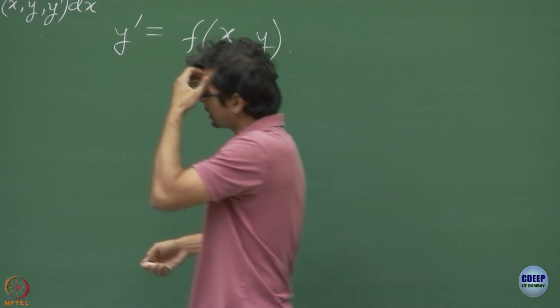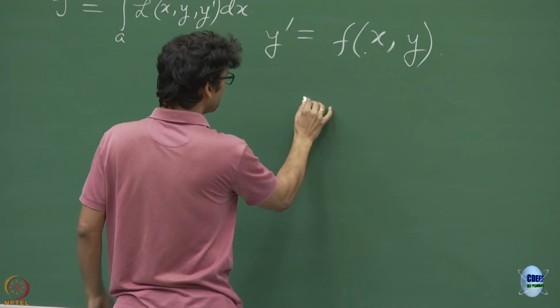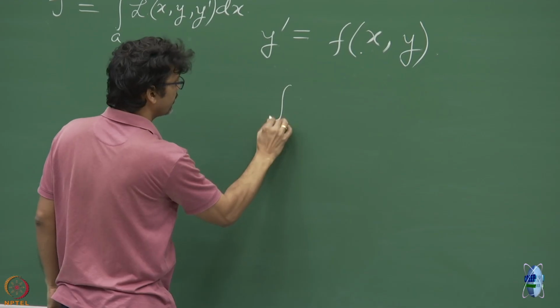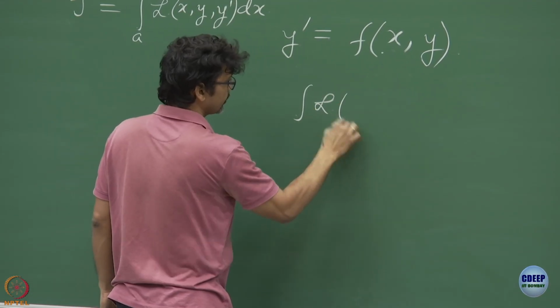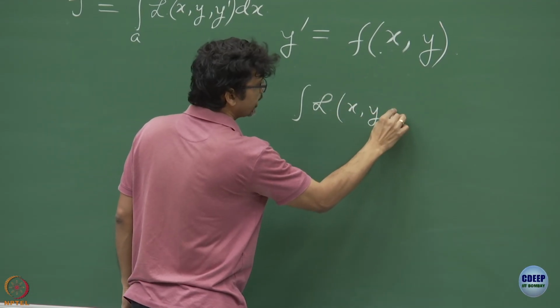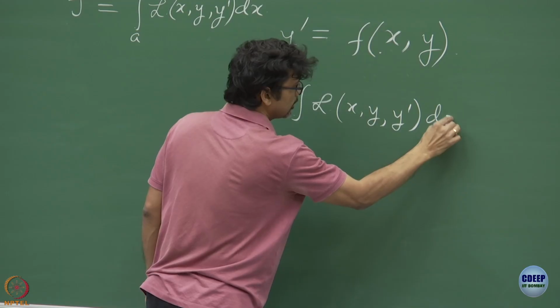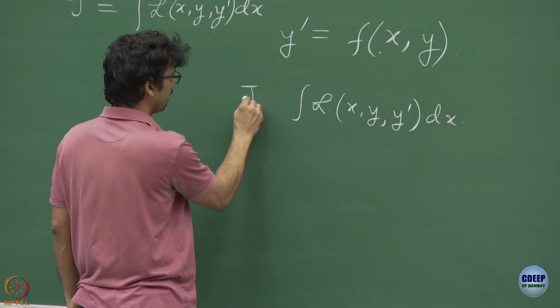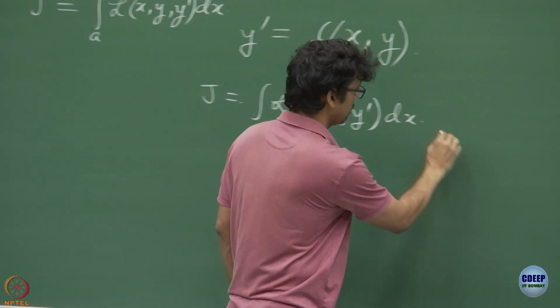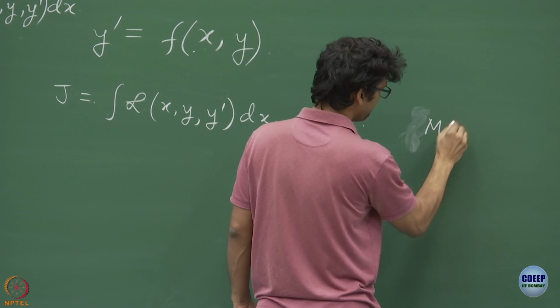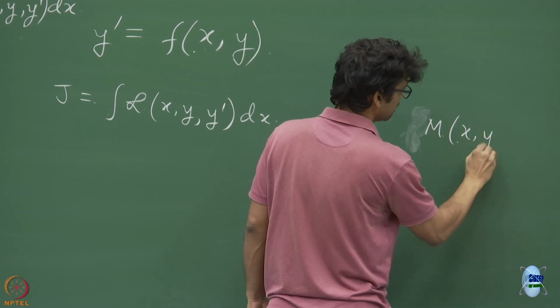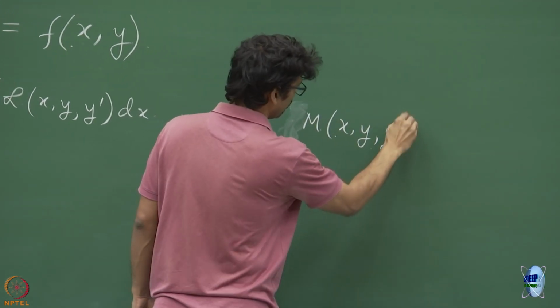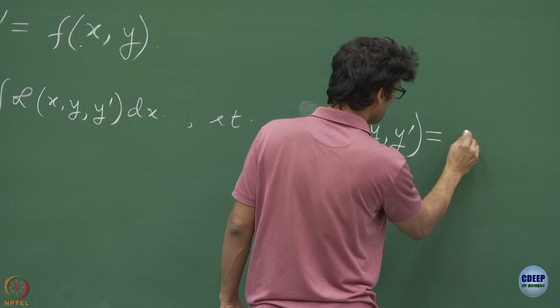So it makes sense then perhaps to consider that you have something given like this, the integral of L of x, y, y prime dx as J, subject to m of x, y, y prime equal to 0.